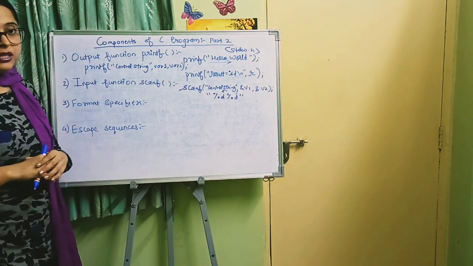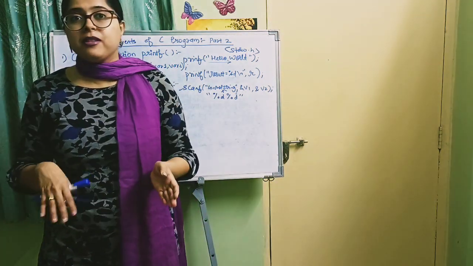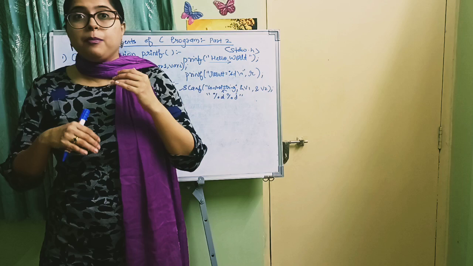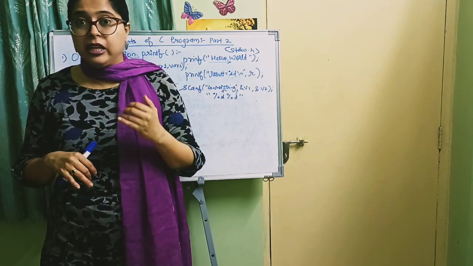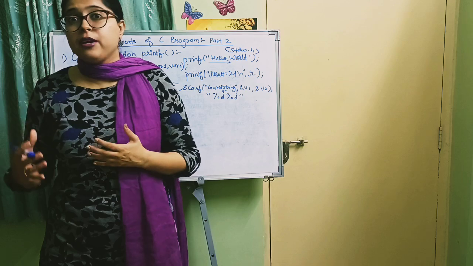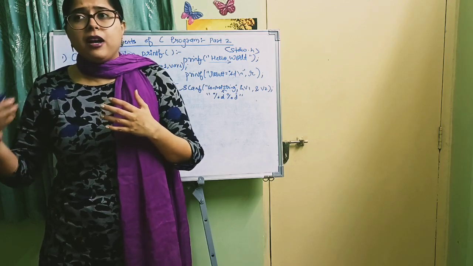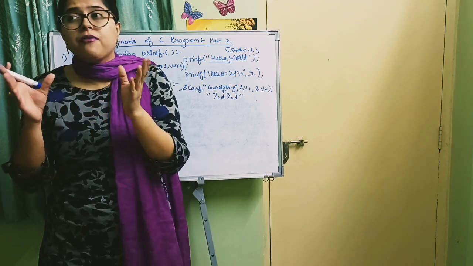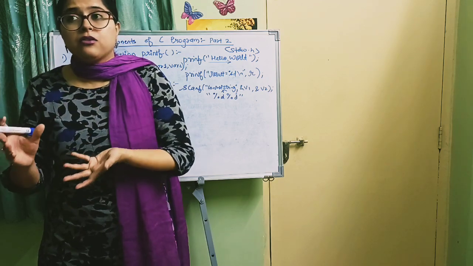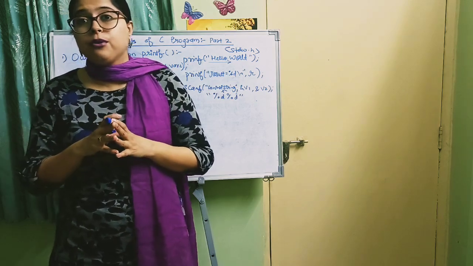Now format specifier. A format specifier is a character preceded by a percentage sign. For example, %d, %f, %s, %c. What does a format specifier do? It defines the type of data which is to be represented and interpreted internally. Which type of data we want to represent on screen, which type of data we want to deal with, which type of data we want to do computations on.